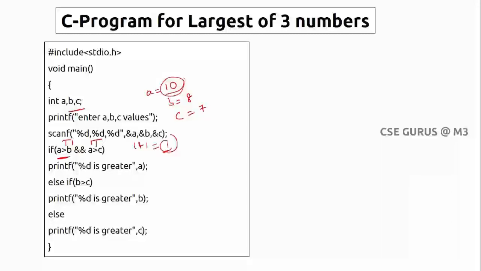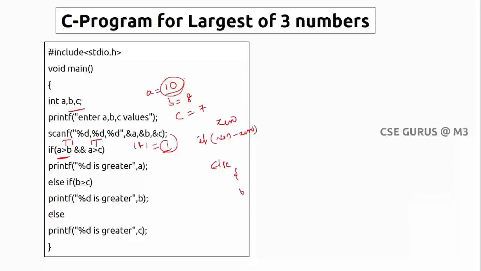If 1 means true, and any non-zero including 1 is also true, so the if will be executed. If you get 0 here, else will be executed, right? Here you can see 10 is greater than 8, 10 is greater than 7, so it will print directly the 10 that is greater.